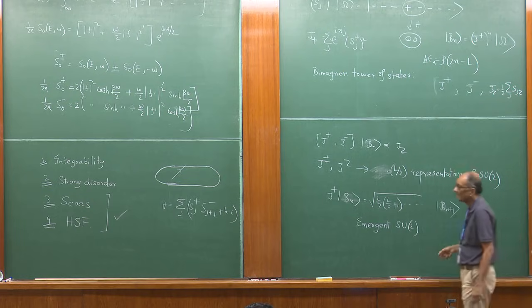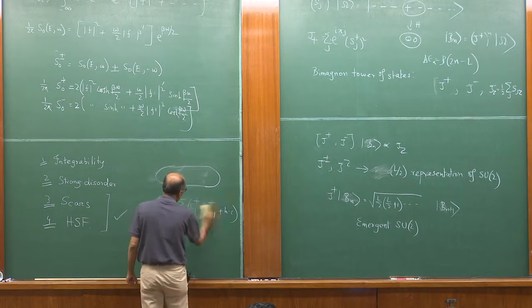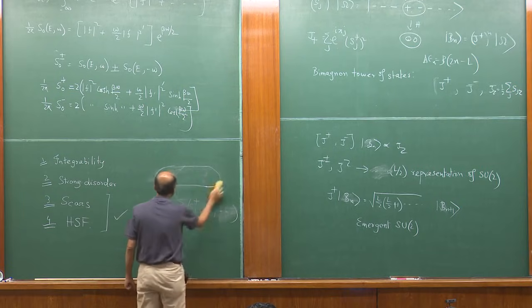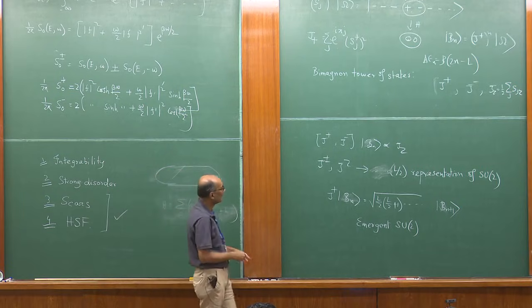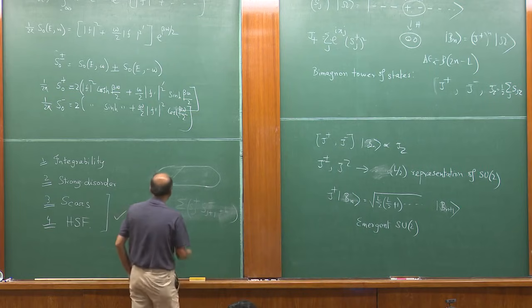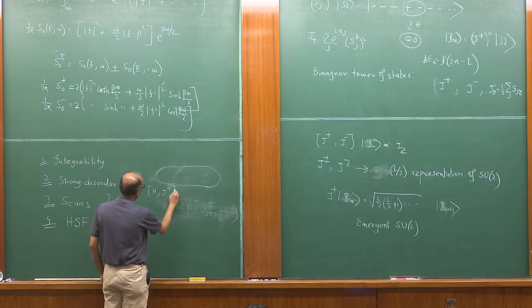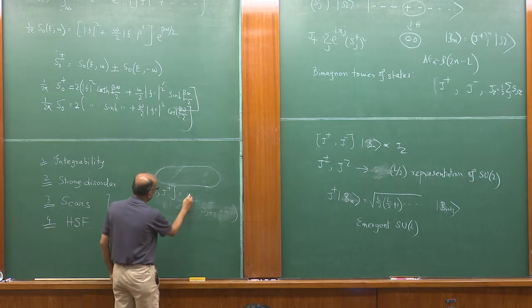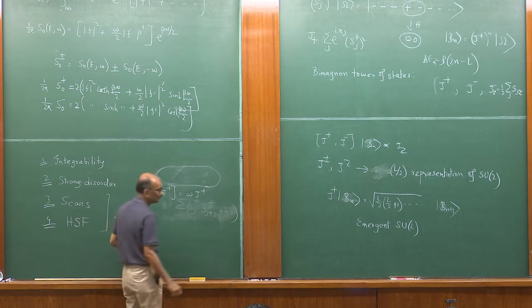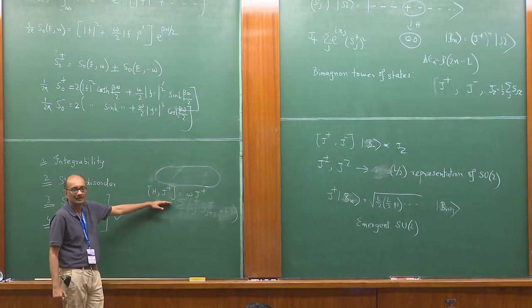Another interesting part about this, which is also pretty general when it comes to quantum scars, is that within this subspace of states, H J plus is just some omega times J plus. You can see this by applying J plus on any given state.